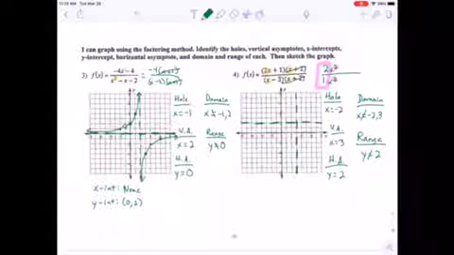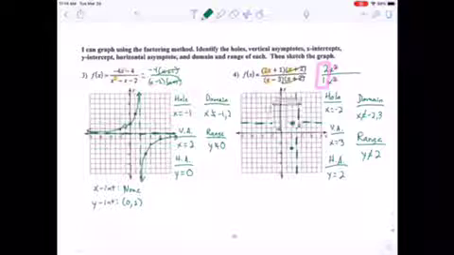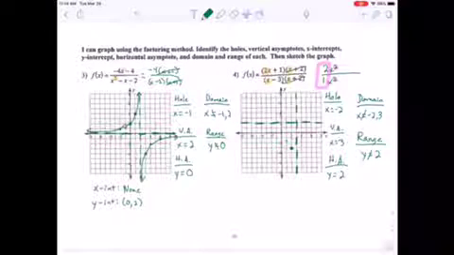Really, there is only one set of good points that I found. One was at 2, negative 3, right there. But then we had some decent ones that we could, what do you call it? Guesstimate, I should say. We have 1, negative 3/2, which would be about right there.